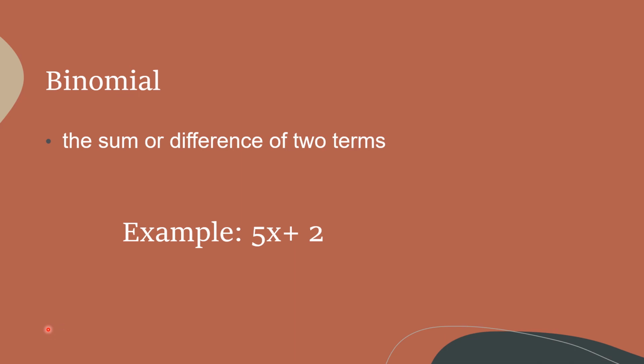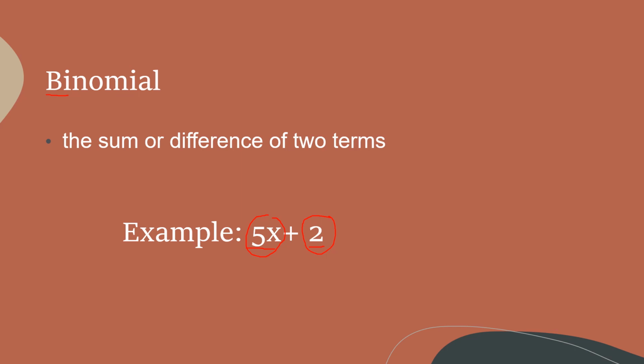Diba? 5x is a monomial, and then we added that to another monomial, which is 2. So, naging binomial siya. So, bi means 2. Dalawang term na siya. So, we have the first term and then the second one. So, dalawang monomial na pinag-add is a binomial.